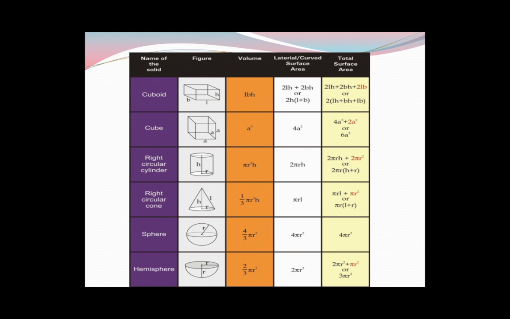Then curved surface area will be pi r l. Then total surface area will be pi r into (l plus r). Then sphere, volume is 4/3 pi r cube, curved surface area is 4 pi r square, and total surface area is 4 pi r square.